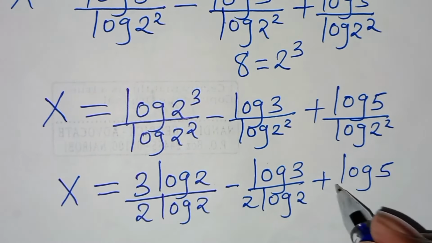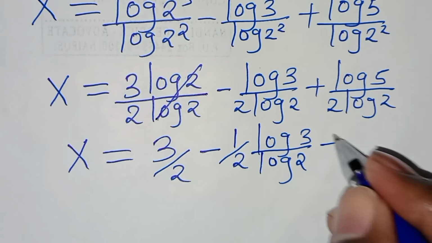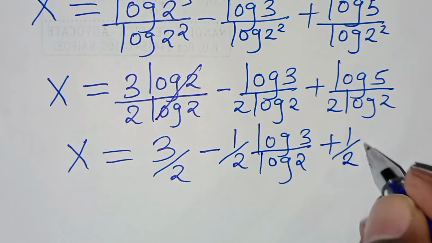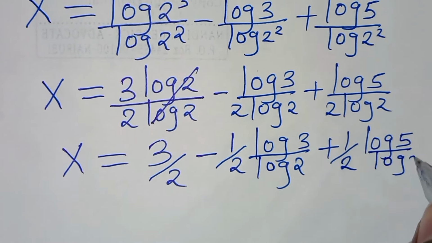Subtract, this is the same thing as half log 3 over log 2, then plus half log 5 over log 2.